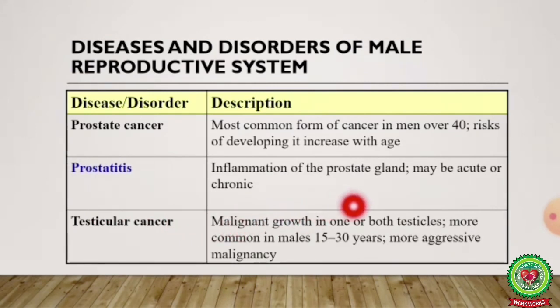It is a malignant growth in one or both testicles, more common in males 15 to 30 years of age, and a more aggressive malignancy. So, we have discussed the complete male reproductive system, including the different organs, the formation of sperm and the diseases which are related to the male reproductive system.